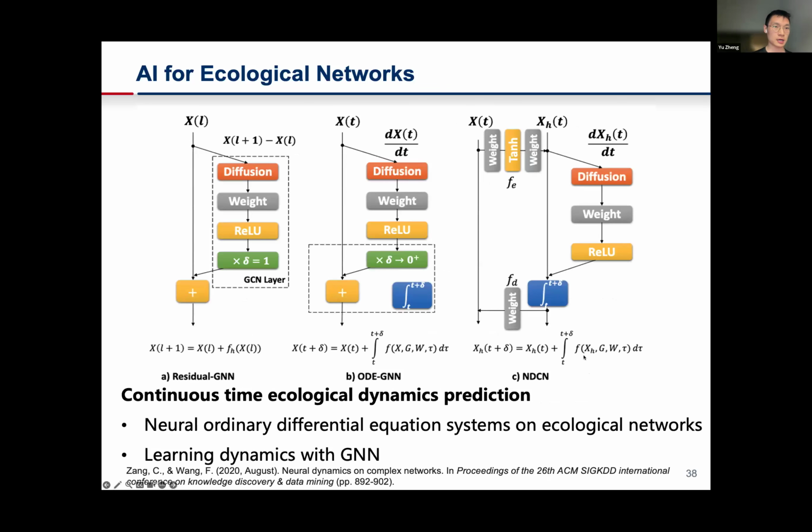One example is a graph ODE method, which learns the continuous-time ecological dynamics. Here, a graph neural network is utilized to generate the neural ordinary differential equations on ecological networks from observed time series and network structure data.